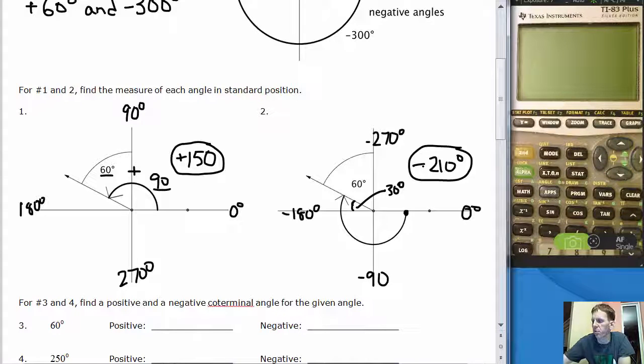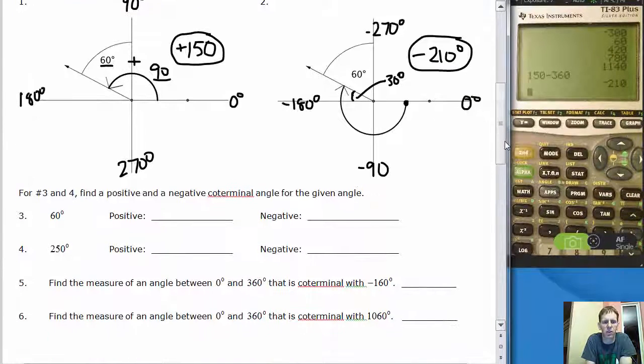They're 360 degrees apart. You may remember that you can do 150 minus 360 to come up with an example of a coterminal angle, negative 210. See if you can find positive and negative coterminal angles for problems 3 and 4. See if you can answer 5 and 6. Pause the video and we'll see what you get in just a moment.